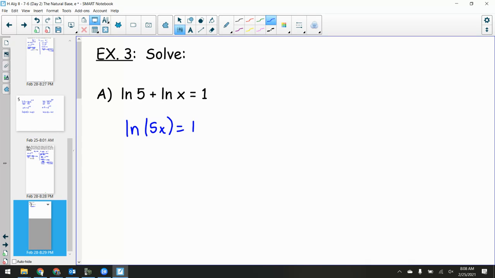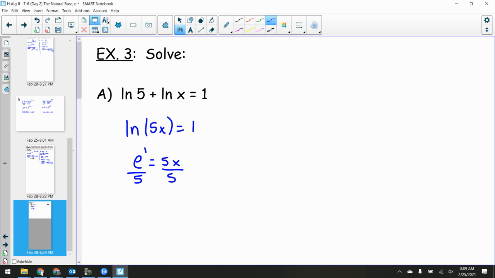Addition of the logarithms, as long as they have the same base, and they do, they're both natural logs. So ln of 5x is equal to 1. And now if I want to solve for something inside the logarithm, let's change it from logarithmic form into exponential form. So e to the first power is equal to 5x. And now we just divide by 5.